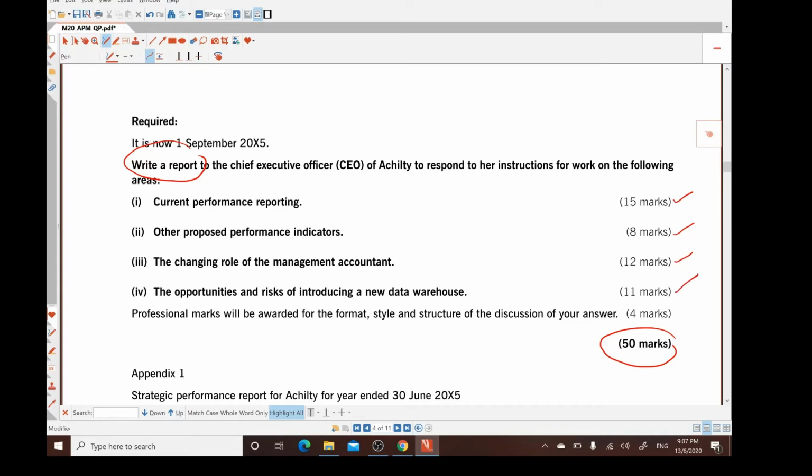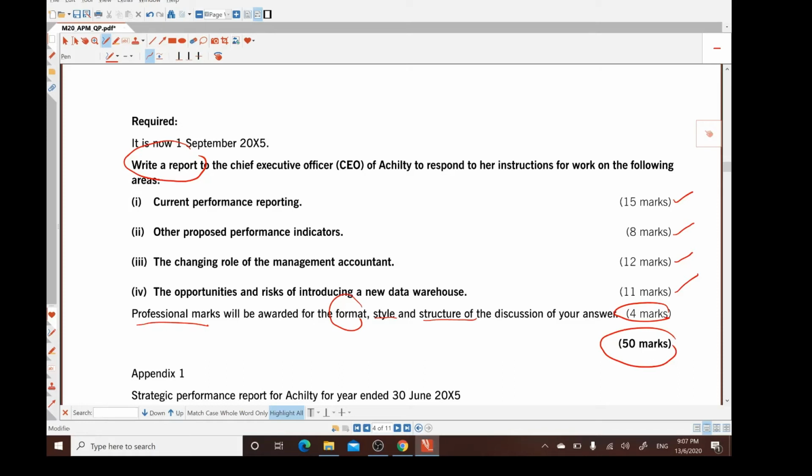Now, not to forget, out of the 50 marks, we know there are 4 marks mainly for professional marks. So what are these professional marks? They are awarded for the format, the style, and the structure of your answer. Remember, this is to do with the report.